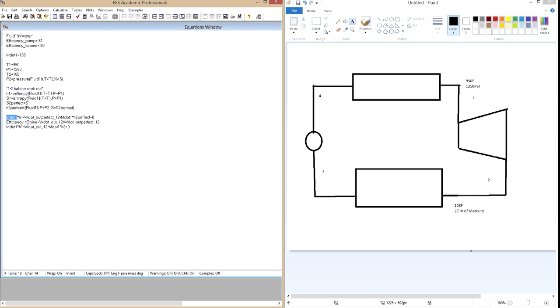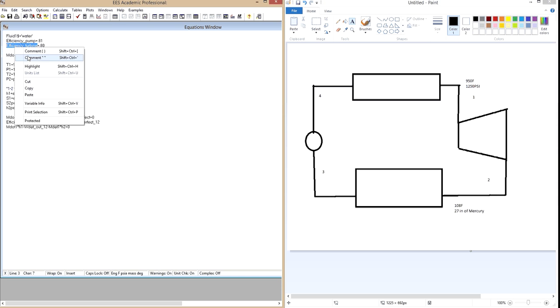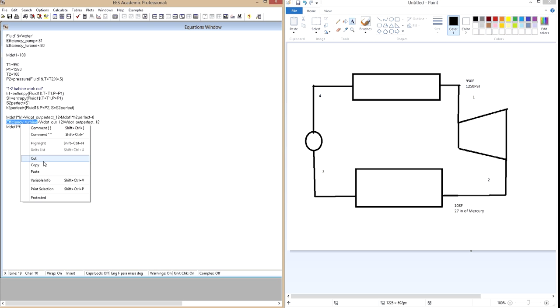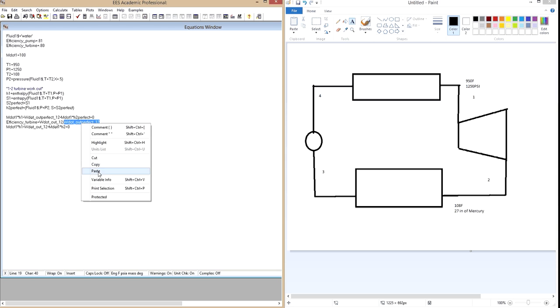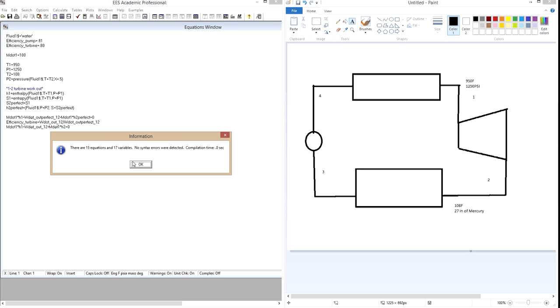I could have typoed something. Efficiency turbine, I'm just going to copy this and paste this. And then W dot out perfect, W dot out perfect, W dot out 1, 2. It's pretty easy to typo stuff.